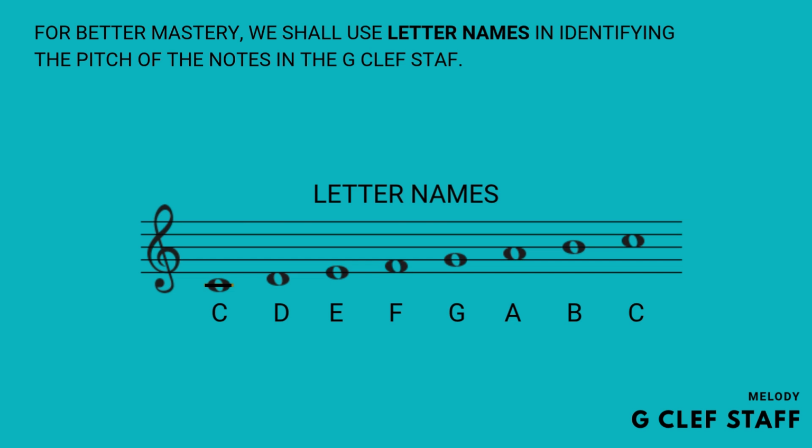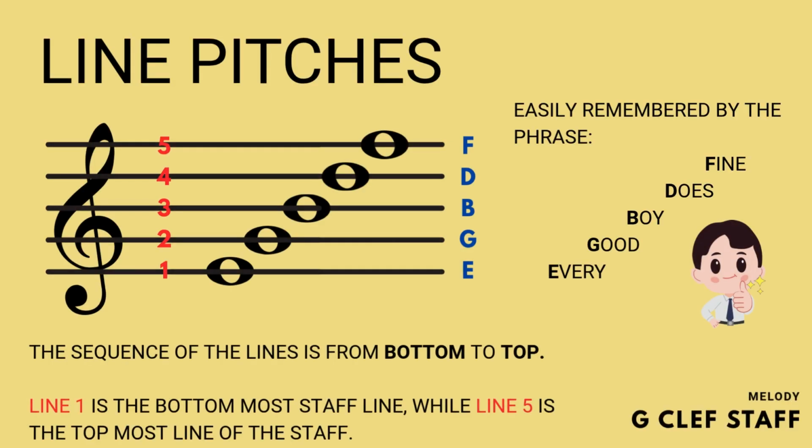Okay, let's focus first on the line pitches. The line pitches are sequenced from bottom to top, wherein line number 1 is the bottommost staff line, while line number 5 is the topmost line of the staff.